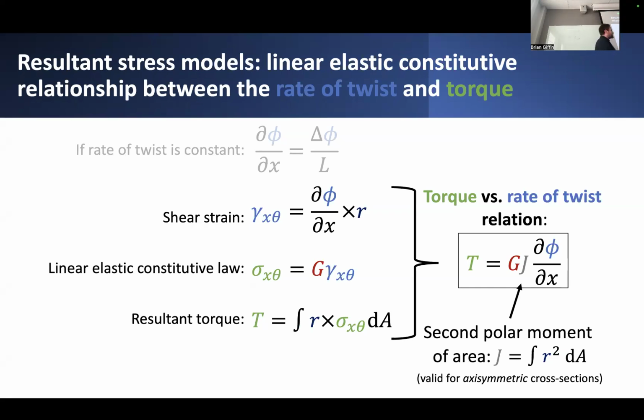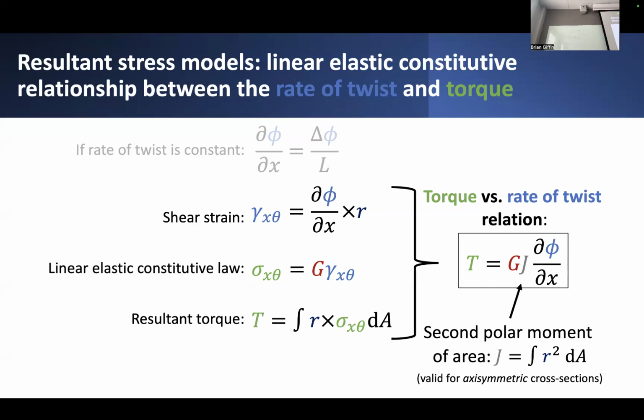I can relate that quantity directly to the resultant torque that would act on this cross-section, involving our kinematic relationships governing how the shear strain should develop, our constitutive behavior, and our definition of resultant torque on the cross-section. In consolidating these relationships, I come up with this complete resultant stress model. It's a direct relationship between that rate of twist quantity and the resulting torque on the cross-section. And it involves dependence on two parameters.